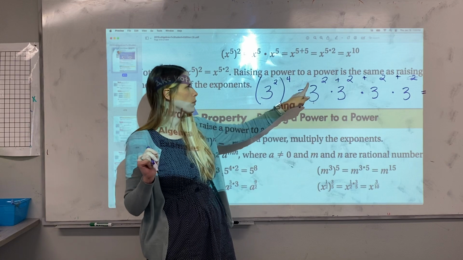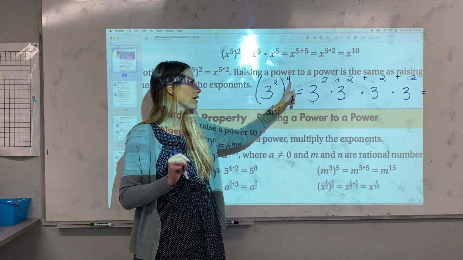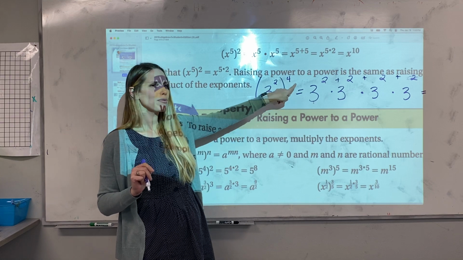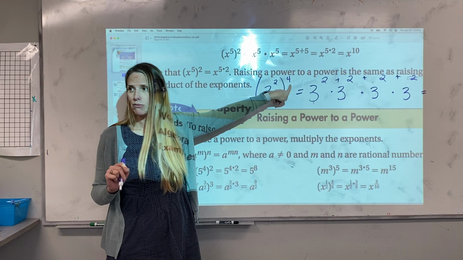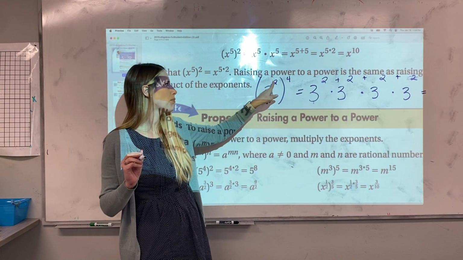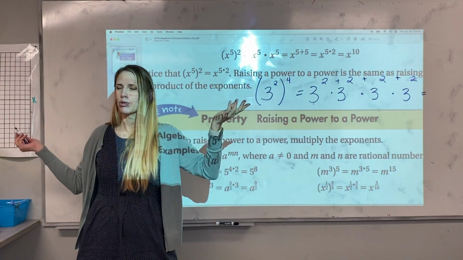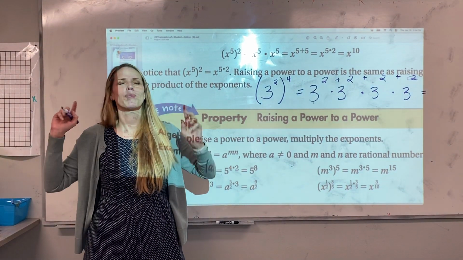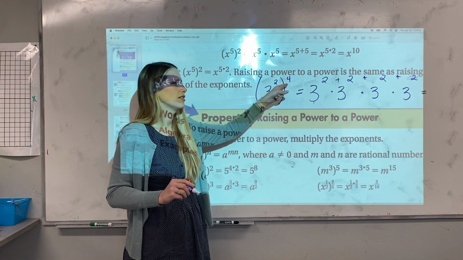If what we're really doing is multiplying it times itself 4 times, then the exponent is really 2, 4 times. So the simple trick is when a power is being raised to a power, or I like to say, which is not a correct math term at all, if the exponent is being exponented.